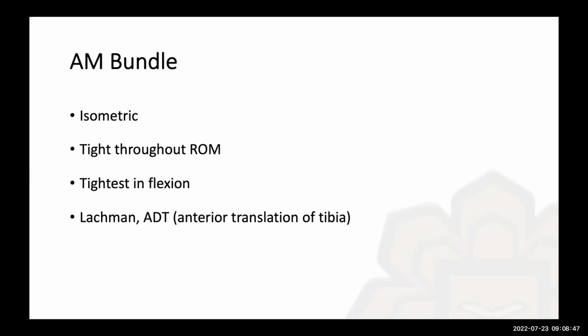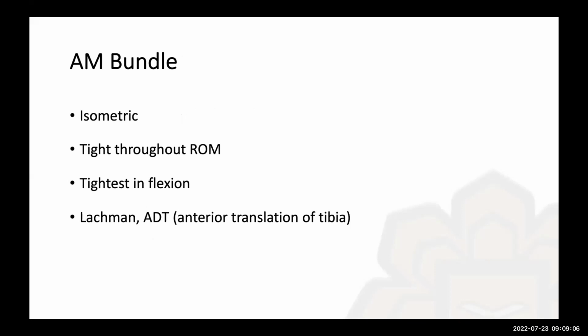The AM bundle, I think you don't have to memorize this one, but it's good to know. It's isometric, meaning throughout the knee range of motion its length stays the same.